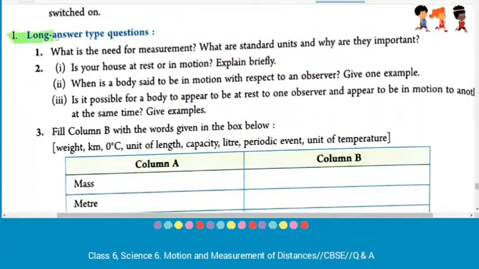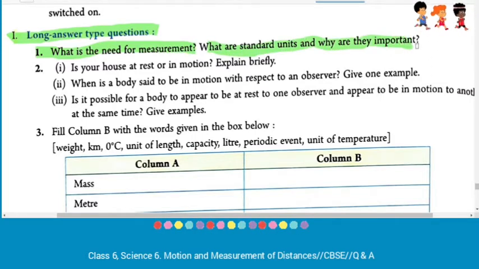Section I, long answer type questions. First question, what is the need for measurement? What are standard units and why are they important? Second, is your house at rest or in motion? Explain briefly. Second, when is a body said to be in motion with respect to an observer?